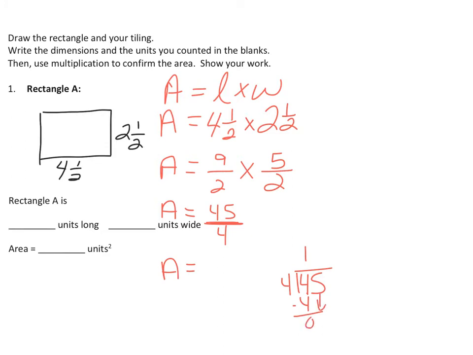Bring down the 5. 5 divided by 4, how many 4s fit into 5, is 1 again. So I get a 1. I know you can't really see that, I apologize. That's my new numerator, and my denominator stays the same. So I know my area is 11 1/4 units squared.